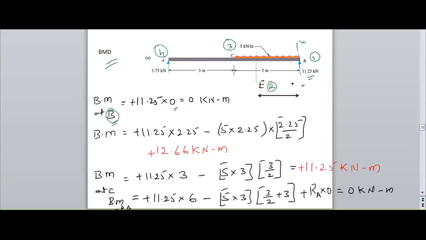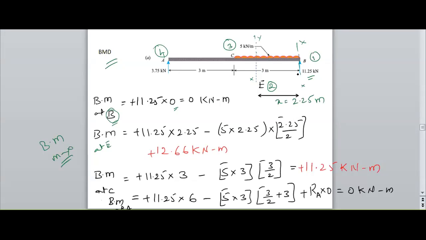Now I need to shift the section to E. At E it is also the maximum bending moment because the sign changes at E. Therefore, the distance from B to E is 2.25 meters. We have found it.